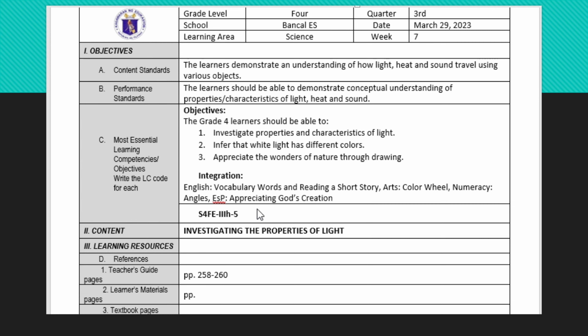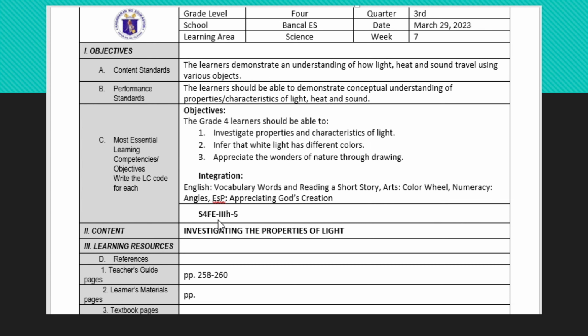Okay. So, as you can see, we have a code here, which is S4FE, then Roman numeral 3H and dash 5. Okay, in my first video, I explained what this means. S is for science, 4 is for grade 4, FE is for the specific unit, which is force and motion.